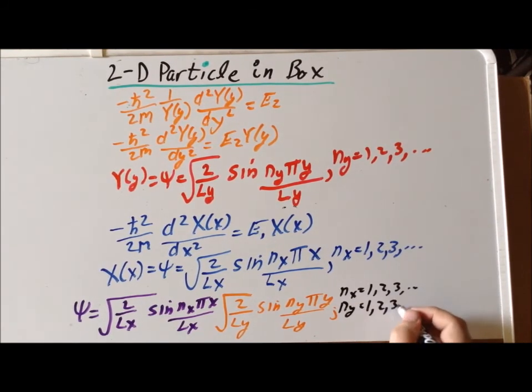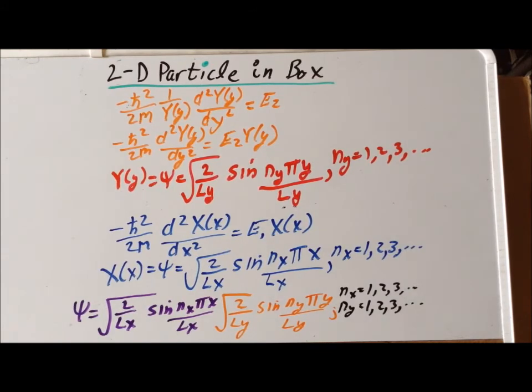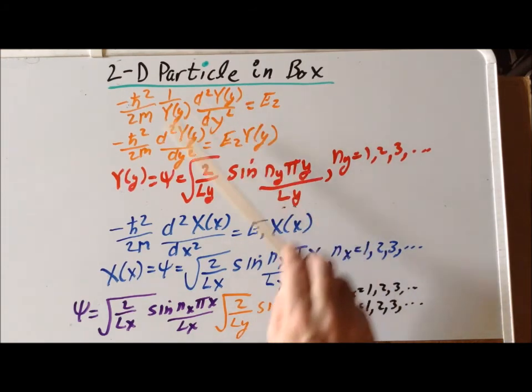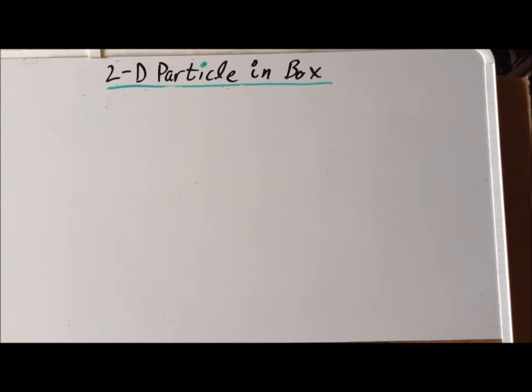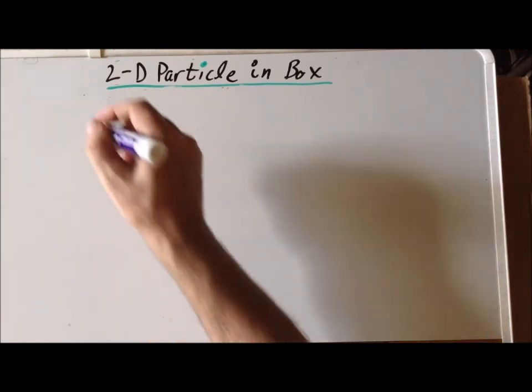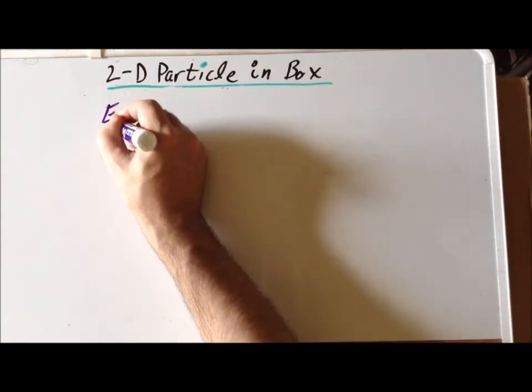What we haven't written here is one final result. This is the wave function solution. The energies are trivial to find. The energy with respect to x is simply E sub 1. The energy with respect to y is E sub 2. So the overall energy is going to be E sub 1 plus E sub 2. E sub 1 is the energy with respect to x.